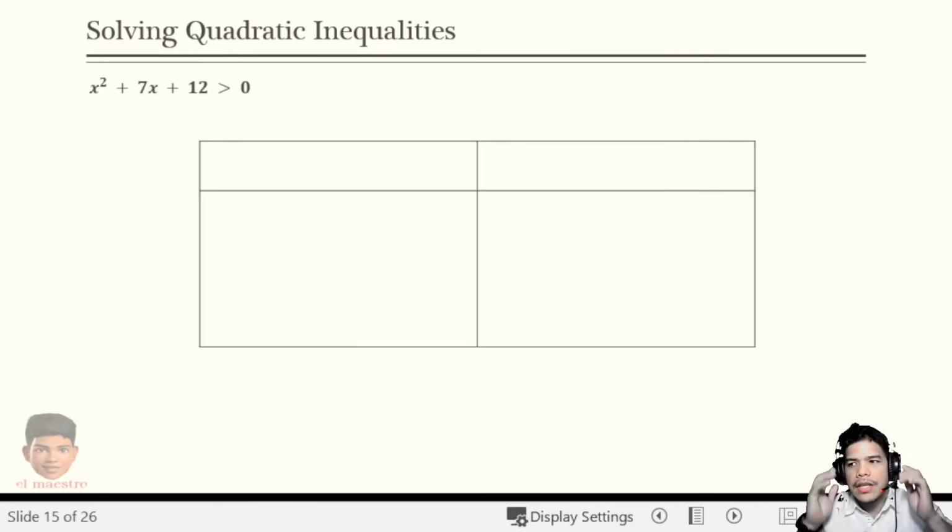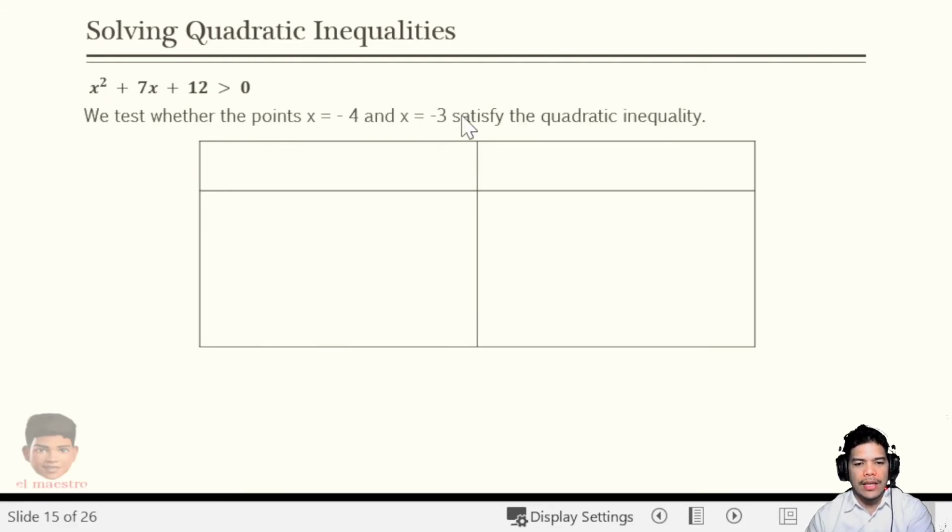Okay. So, let's check class. Why is x equal to negative 4 and x equal to negative 3 not part of the solution? Okay? Let's check. So, i-test natin if they satisfy the quadratic inequality or if they're not. So, the same thing na ginawa natin kanina, i-check natin, we substitute these two to the original inequalities.